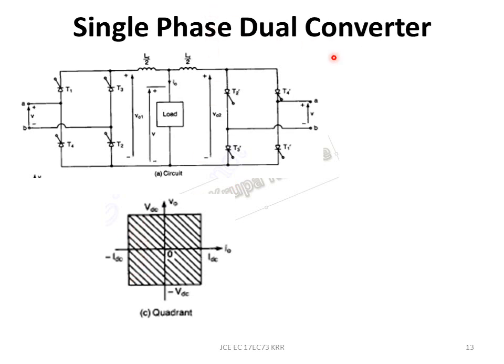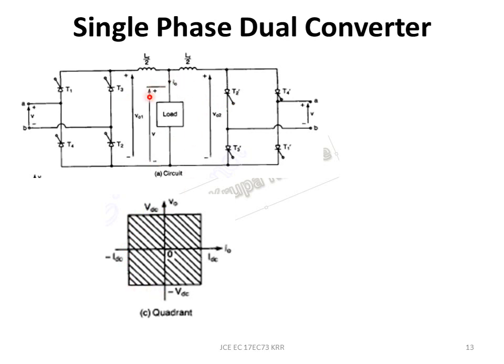So the dual converter basically operates in all four quadrants of operation. I can either use only converter 1 in operation, in which case it will act like a simple single full converter operation. If I turn off this and turn on this, it will behave in this quadrant.